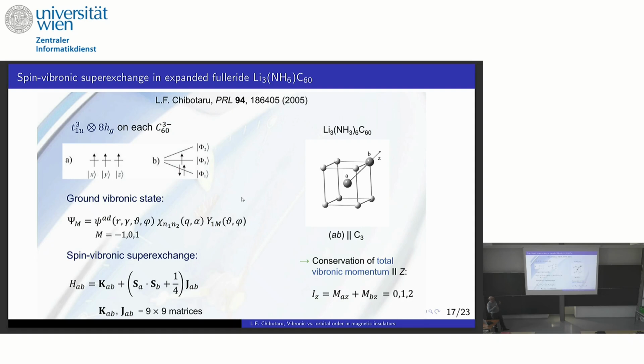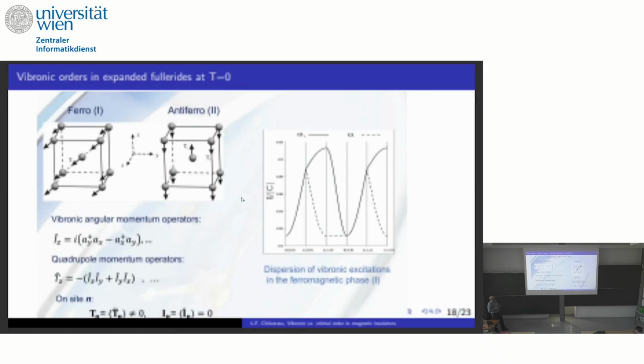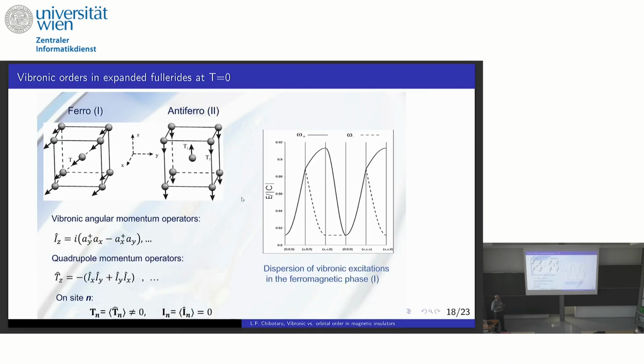Then we basically solve this problem. So we have four-fold degeneracy, but this is vibronic degeneracy. For exchange interaction, we obtain a typical Kugel-Khomskii Hamiltonian. So these K and J are 9 by 9 matrices corresponding to the product of three and three orbitals. So this is how the pairs are along the three-fold axis, and the momentum is conserved.